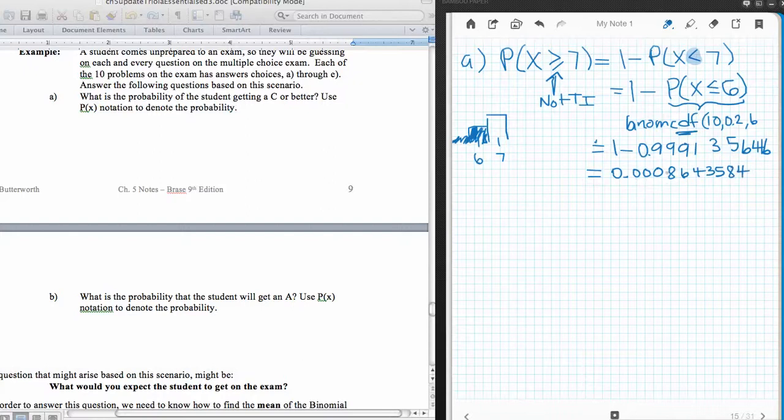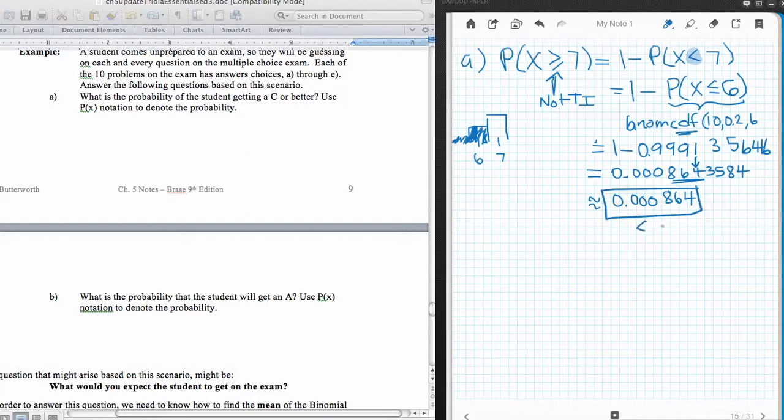Then I have to round this to 3 significant digits, so these zeros don't count, there's 3 of them, so I'll round it right there, so this would be approximately 0.000864. That's a pretty slim chance that you'll pass the test if you come in guessing, right?